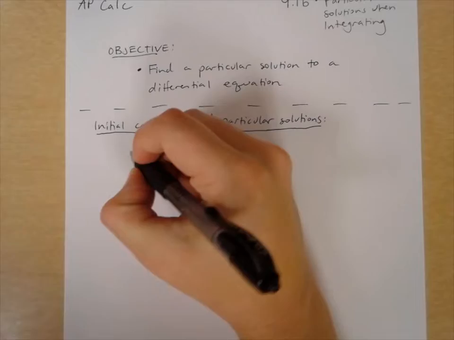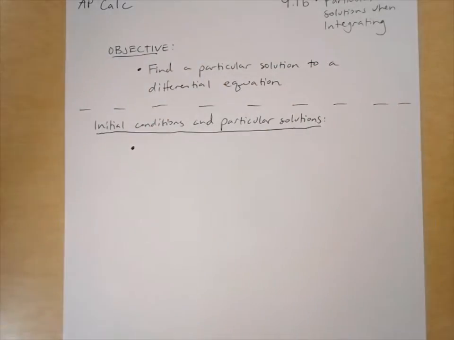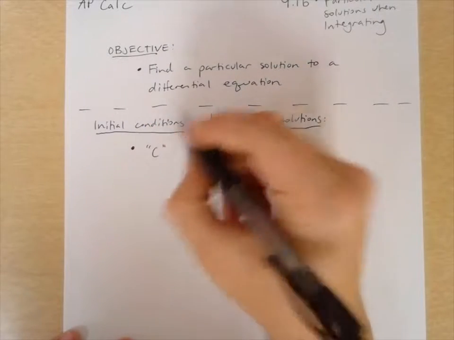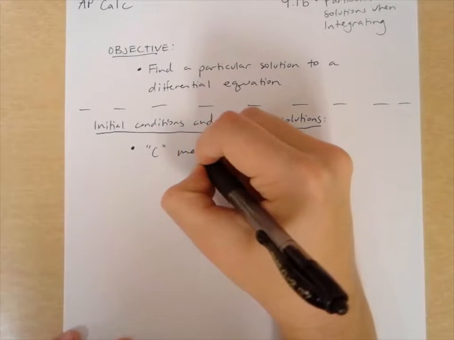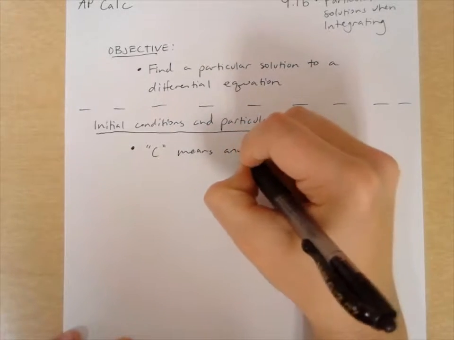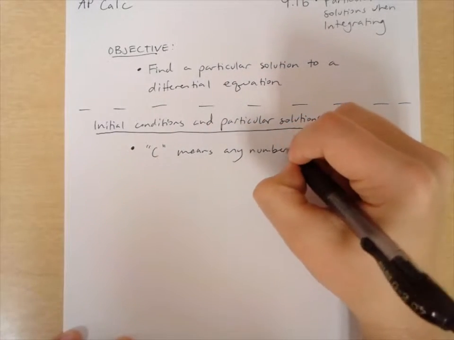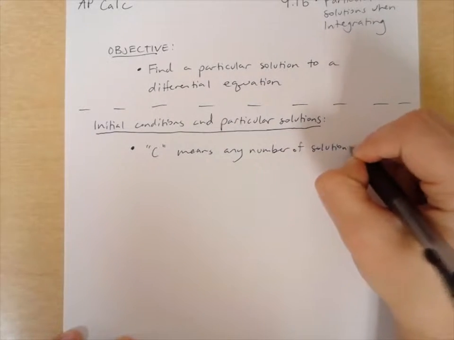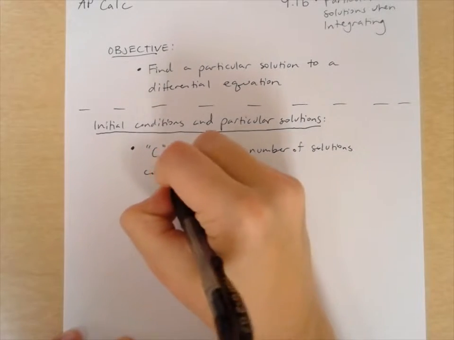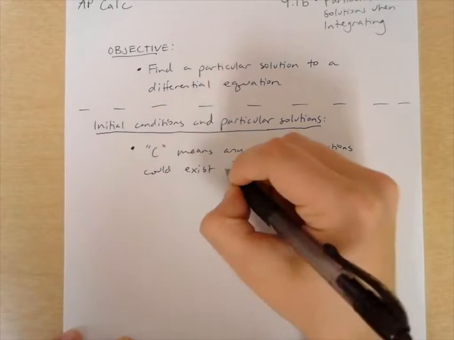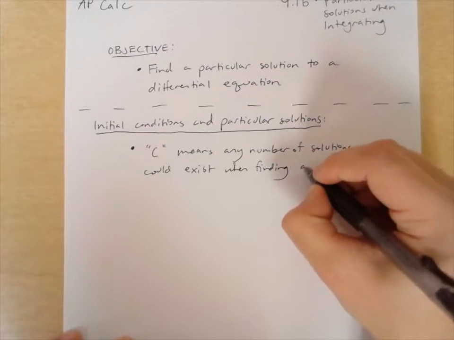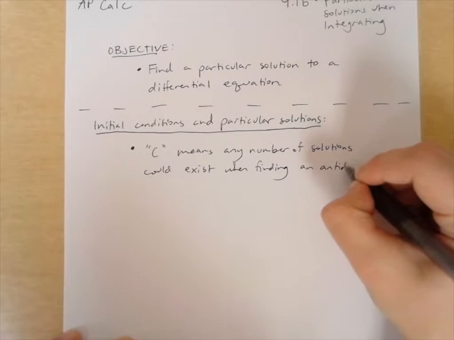So first of all, I'd like to state that the constant C means that any number of solutions could exist when finding an antiderivative.